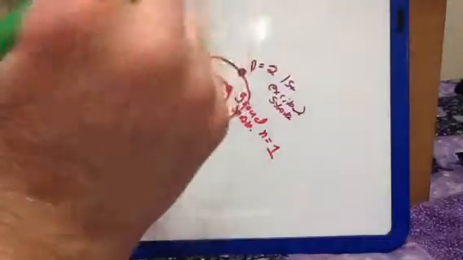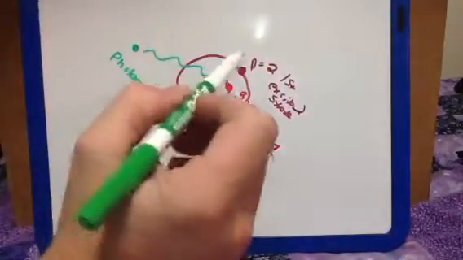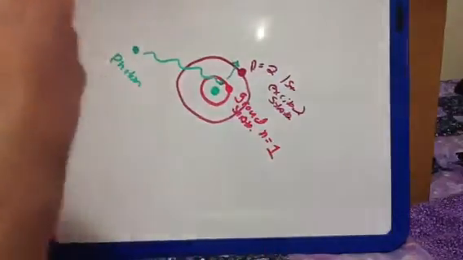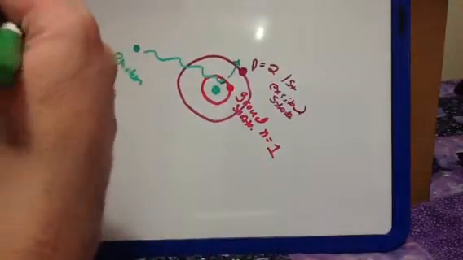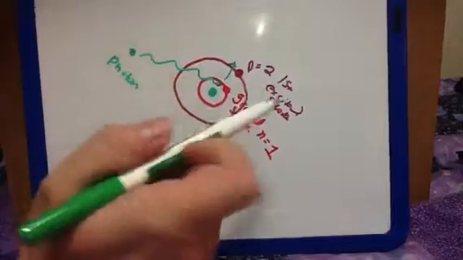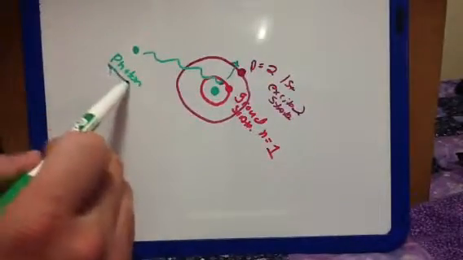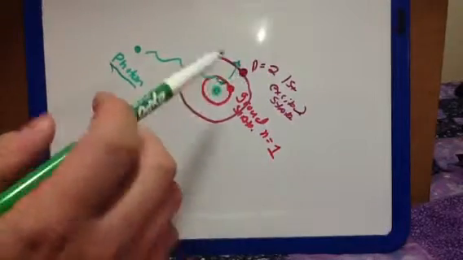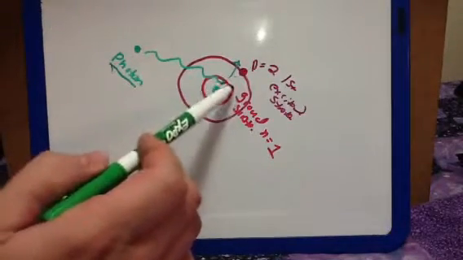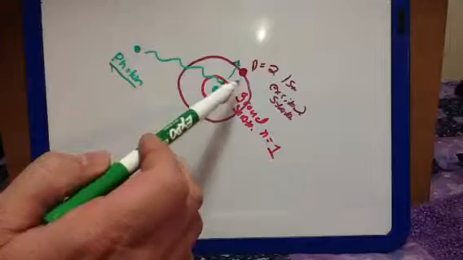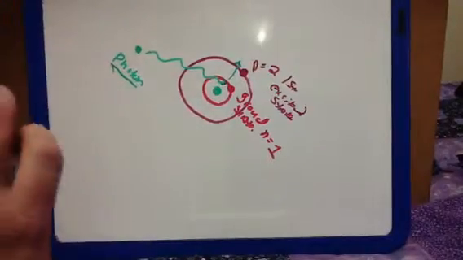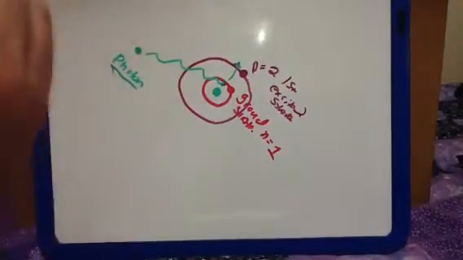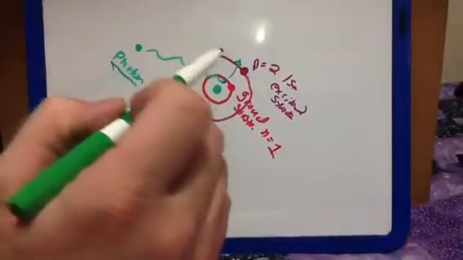It just goes away, gives all of its energy to the electron, and allows the electron to get up to n equals 2. The energy of that photon has to be exactly the amount of energy needed to get the electron from the ground state to the first excited state, second, third, whatever. Whatever that energy is, the photon needs to provide the exact amount.